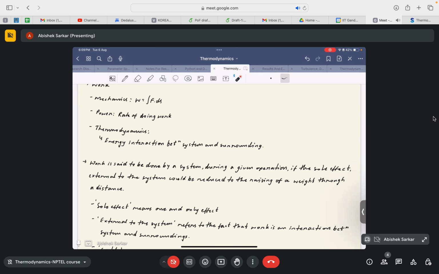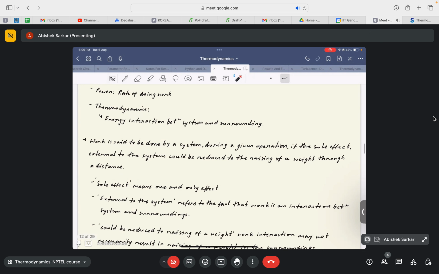What this statement is basically trying to say is that it's not necessary that the work done should always have the effect of raising a weight through a distance.